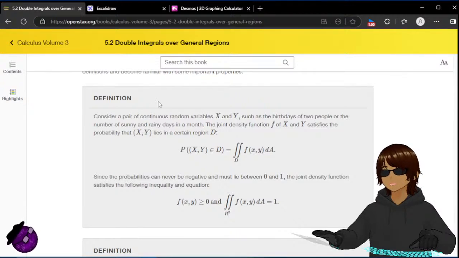The joint density function f of x and y satisfies the probability that x and y lie in a certain region D. Since probabilities can never be negative and must lie between 0 and 1, the joint density function satisfies the following inequality and equation. f is always at least 0, but its integral is equal to 1.